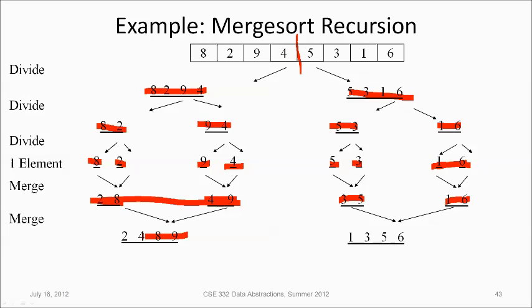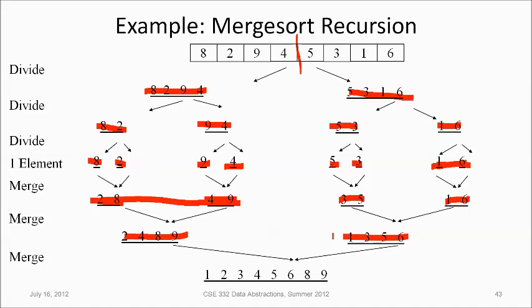Next, we have the 3, 5, 1, 6, so of course, sort: we have the 1, 3, 5, 6. Next, we're going to merge these 2 now, and of course, apply sorting. So to merge and sort, we have 1, 2, 3, 4, 5, 6, 8, 9. So that's how merge sort recursion works.